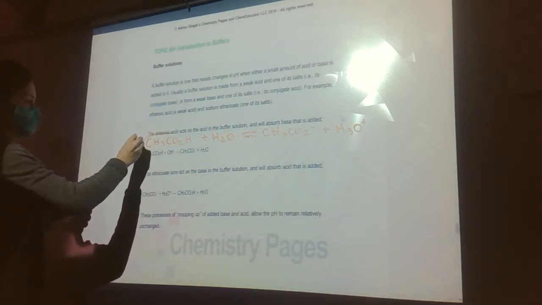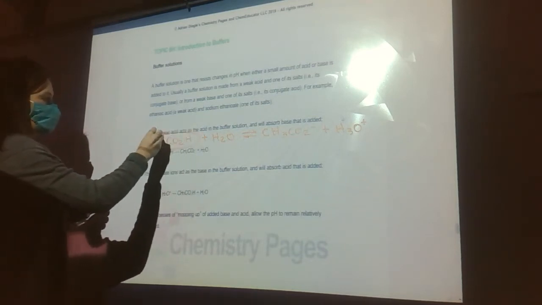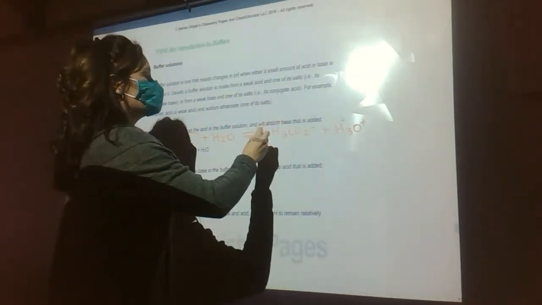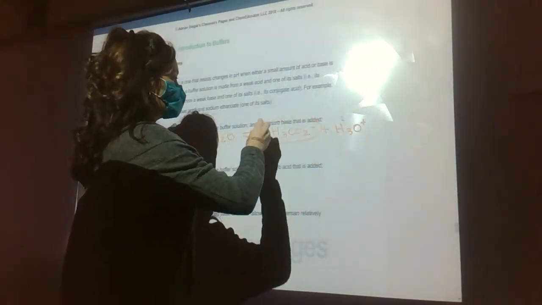So this is a weak acid and its conjugate salt. That negative ion is a salt because we could assume that there's a positive ion to go with it.